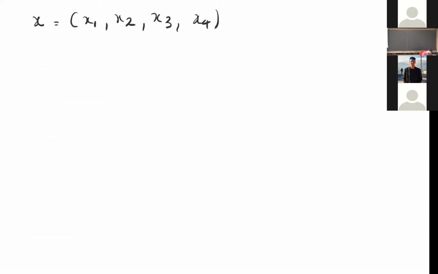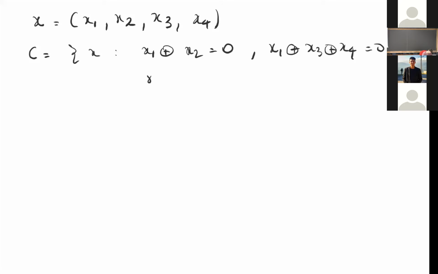And our code will be the set of x's such that, let's say, x1 plus x2 is 0, x1 plus x3 plus x4 is 0, and, let's say, x3 plus x1 is 0.